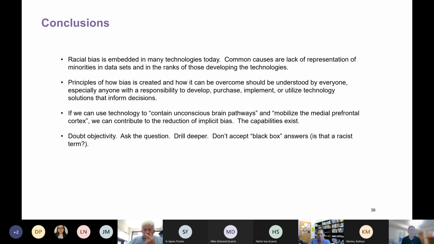So technology can help us overcome bias. And then sort of as a mantra, doubt the objectivity of your data, ask the question, drill deeper, don't accept the black box answers. And I don't know if black box in itself is a racist term. So I am now more aware, and I'm asking the question whether there is eventually some racism involved in even that. Any questions on what you just heard?